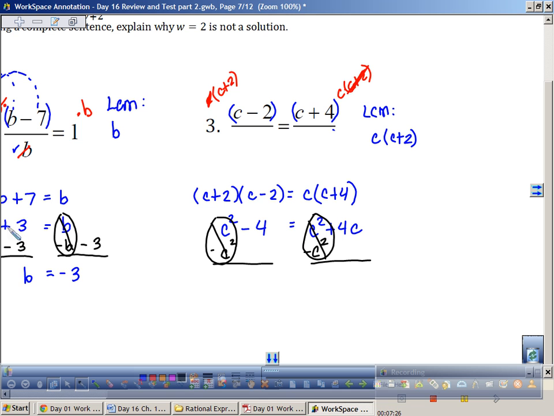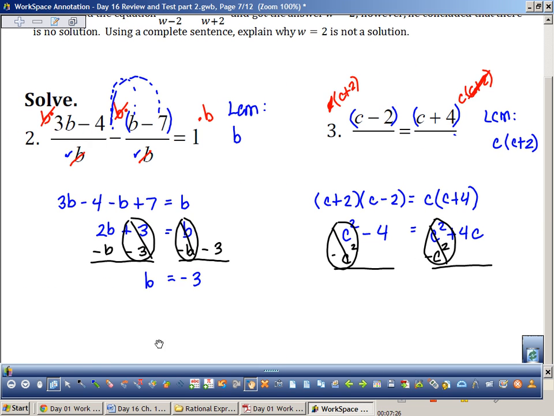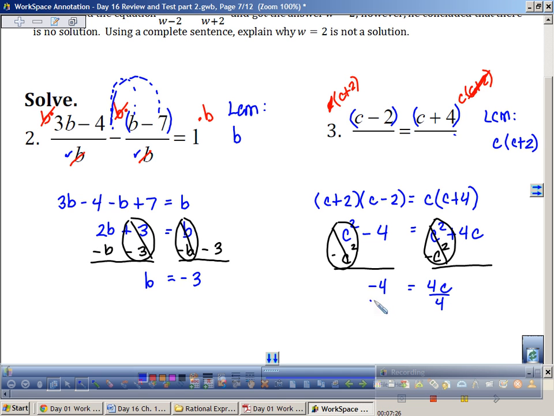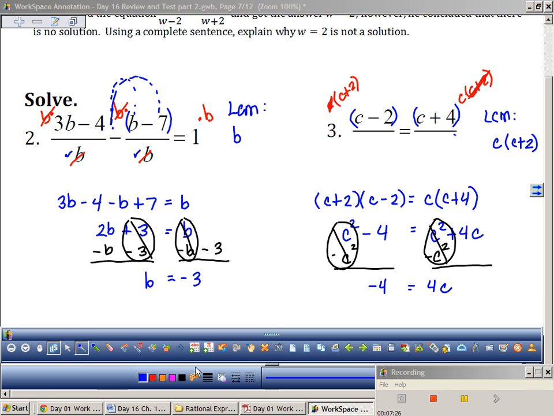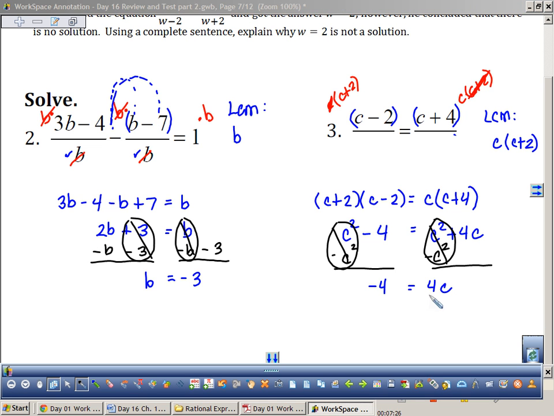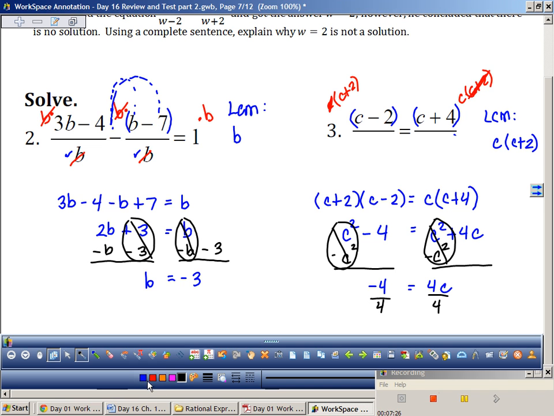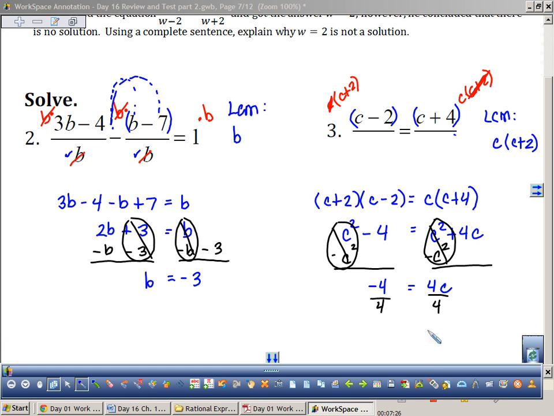I should have done that over here too. Negative 4 equals 4C. Divide by 4, divide by 4. So C equals negative 1.